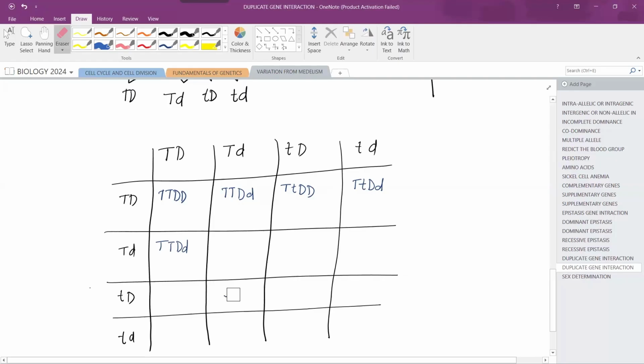Here, big T, small t, big D, small d. Here, small t, big D, small d. Here, small t, small t, small d, small d. I'm writing all these things, you just check whether I'm writing correctly or not.